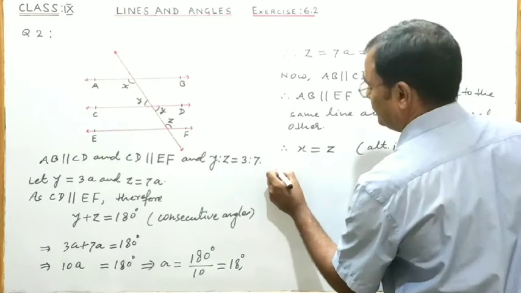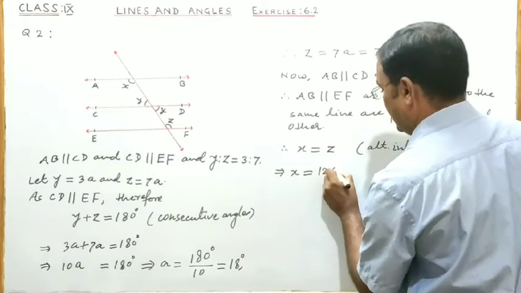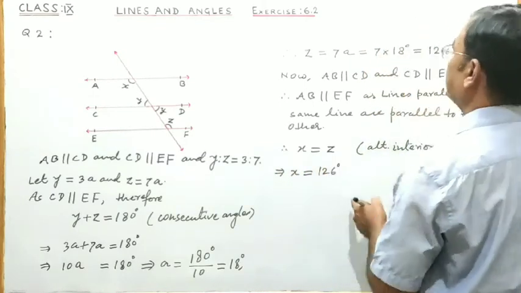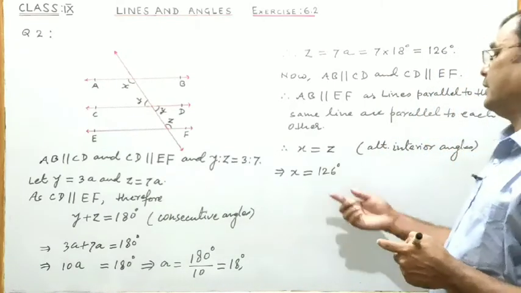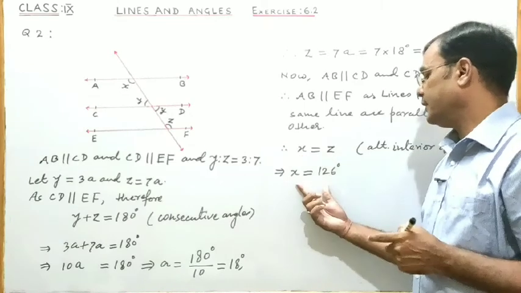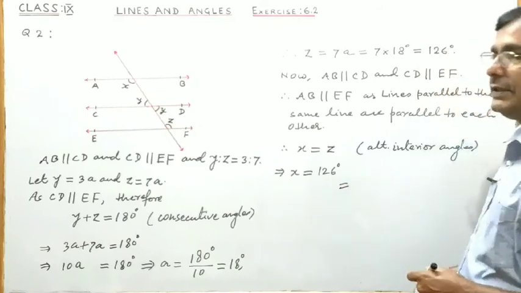So X is equal to 126 degrees because Z is equal to 126 degrees and X is equal to Z, so X is also equal to 126 degrees.